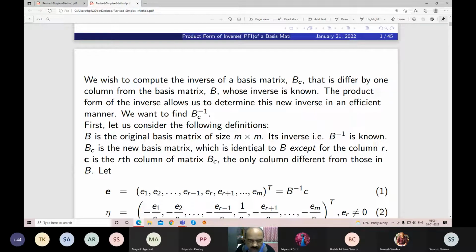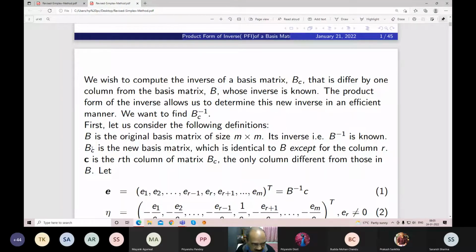So we have m number of basic variables, and with respect to them, we have a basis matrix of size m by m. Initially the basis matrix is an identity matrix and its inverse is known, the same identity matrix.